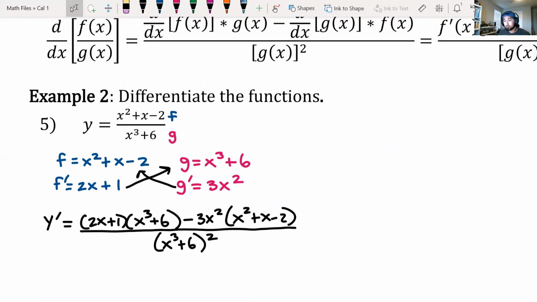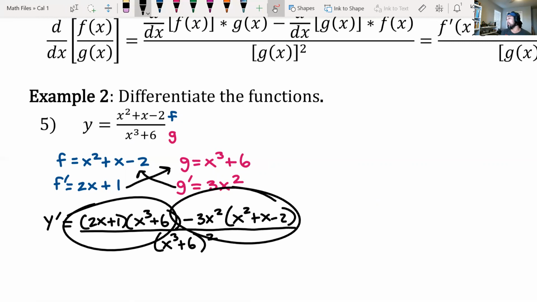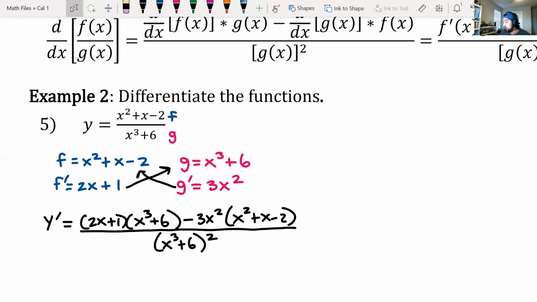So now the derivative is done, the quotient rule is done, and all we have left to do is clean up the numerator algebraically. We're going to have to FOIL these two, distribute these, and then combine like terms. From here on out, again, it's purely algebraic.